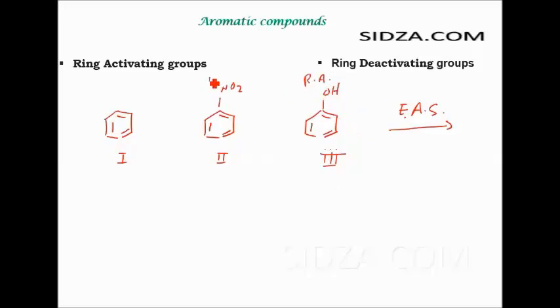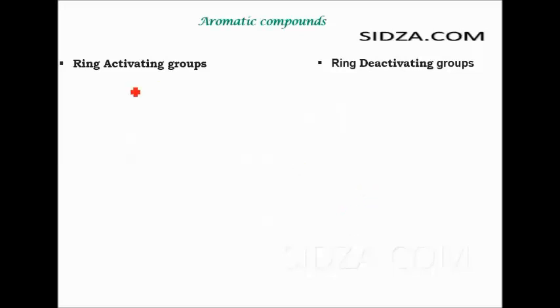Okay, this is the ring deactivator, and obviously the attack on the ring will be faster for the third one, right? Then it will be the first one, the benzene, and then the last one, this one, right? Because with ring activating groups, the attack is faster than benzene, and with ring deactivating groups, the attack is slower than even the simple benzene.